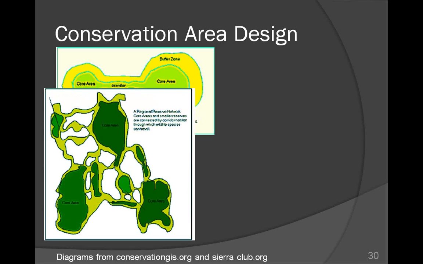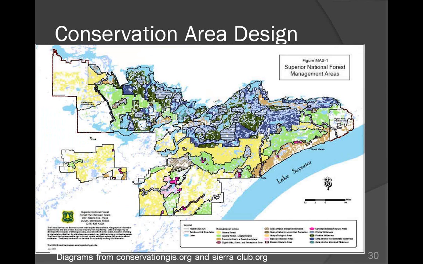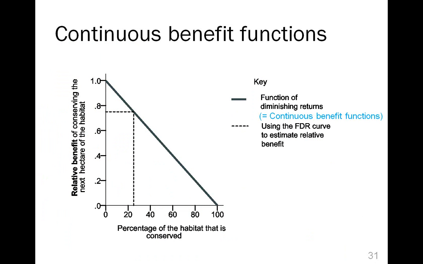It's representing all the different habitats and species that you want to represent, but doing so without the whole landscape. You know, they have a variety of different applications out there. This particular algorithm is based on the idea of a continuous benefit function.